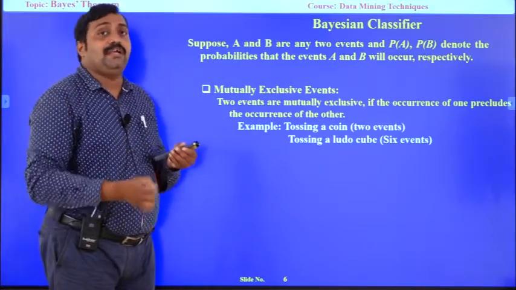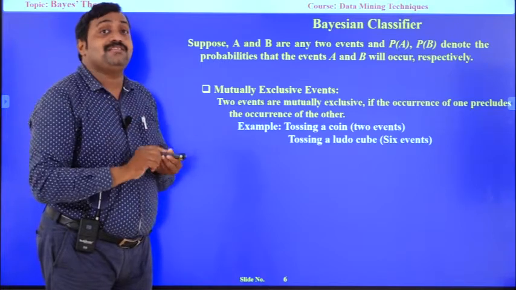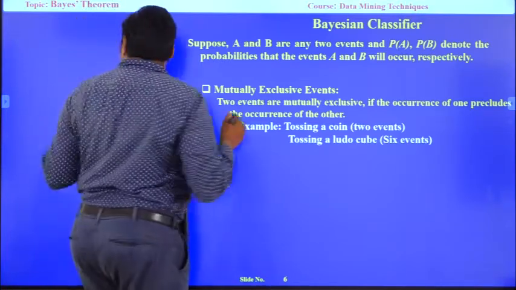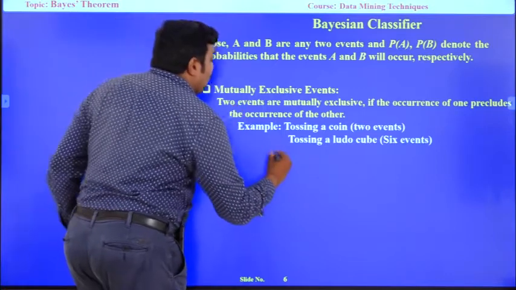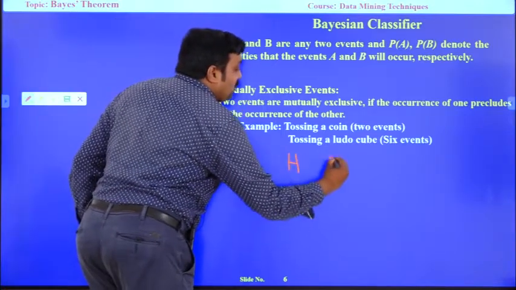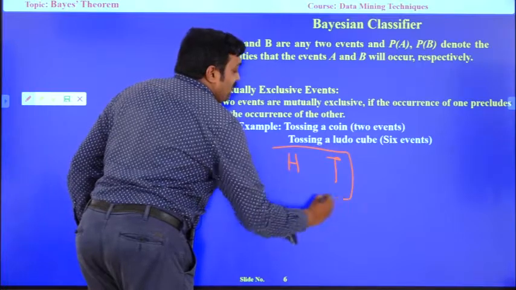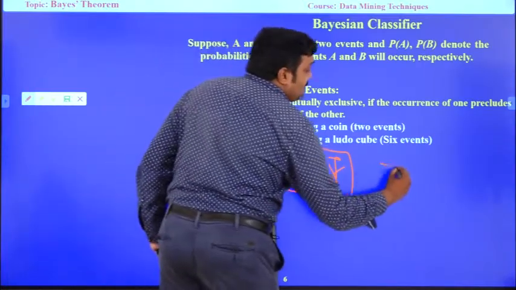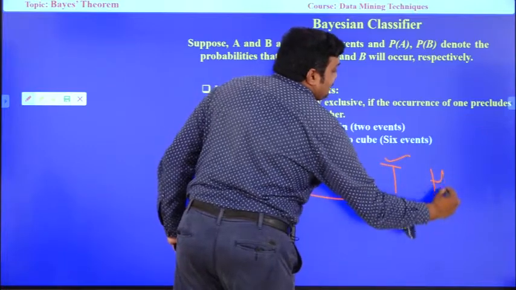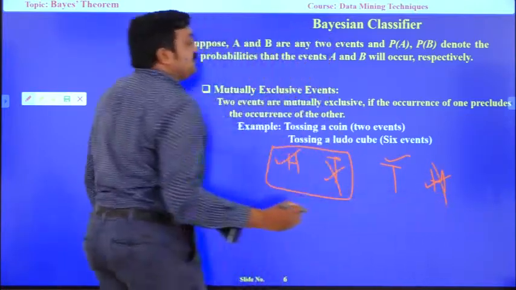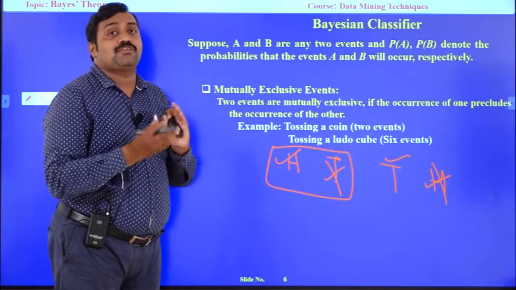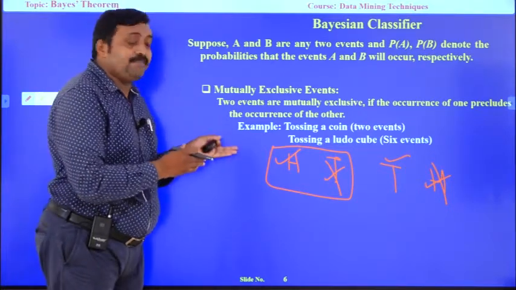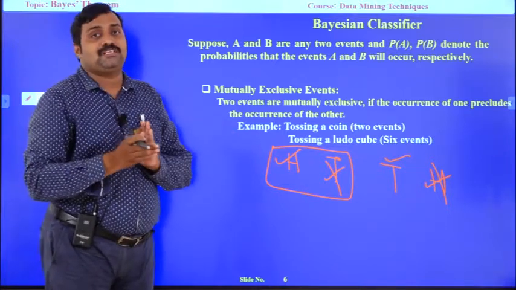Suppose I get the tail, there is no chance of getting the head. That means head and tail are mutually exclusive. Whenever head occurs, tail won't occur, and whenever tail occurs, head won't occur. That is mutual exclusion. So whenever attributes are of such a type, we go for Bayesian classification.